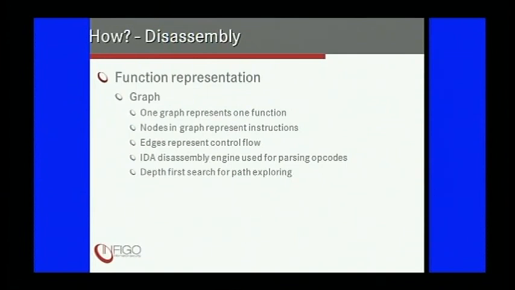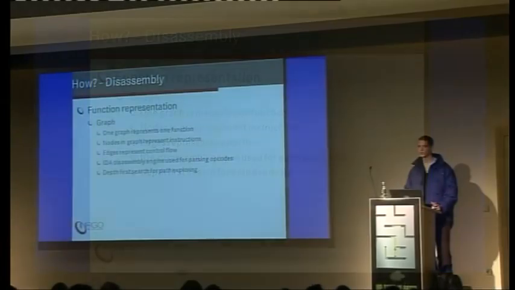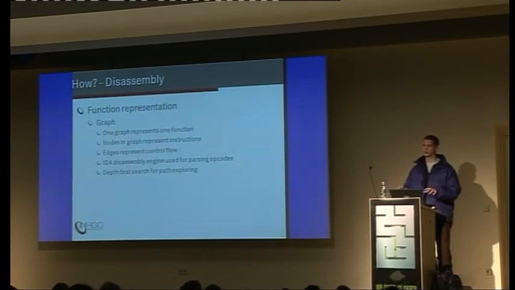So, a function is represented as a graph. A graph contains nodes. Each node in the graph is represented as an instruction. So you can model the control flow of every instruction and have branches associated with each node.